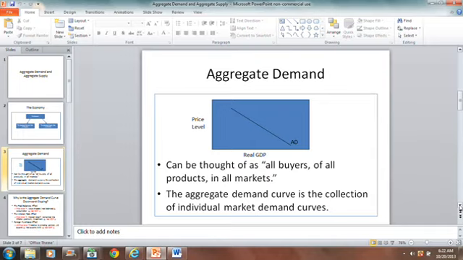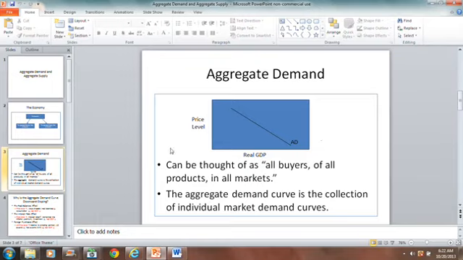It's simply taking all individual demand curves and aggregating them. It's depicted as downward sloping, like the demand curves we saw in chapter 3 in an individual market. I'm going to label it AD, and AD will refer to aggregate demand.